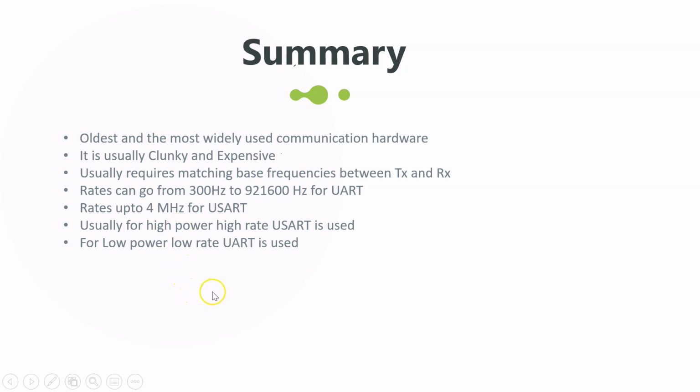The only thing you need to set is the base frequency, which is the baud rate, between the transmitting and the receiving device. Once that's done, you're all set, and the rates can go from 300 hertz to almost 900 kilohertz for plain UART.